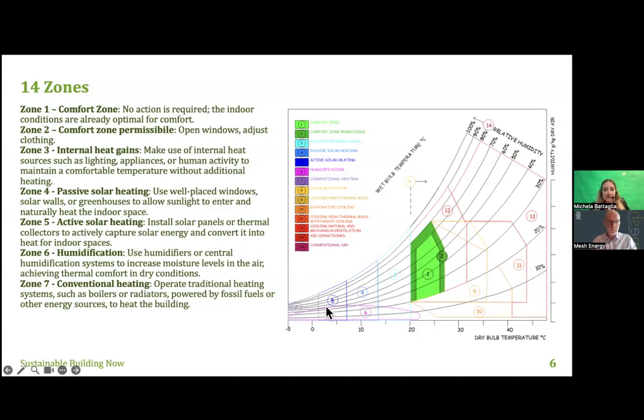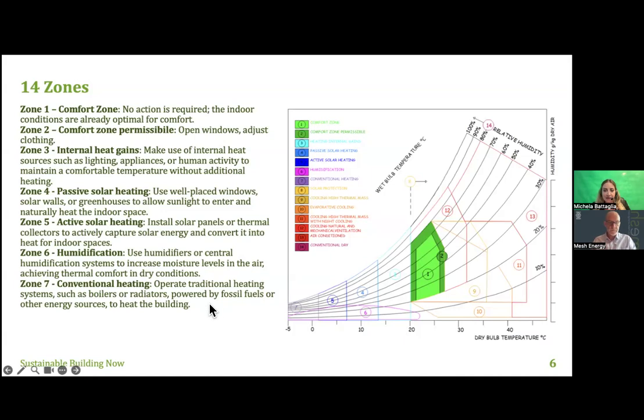In zone 6, where the air is dry, we need some humidification system to increase the moisture levels in the air.